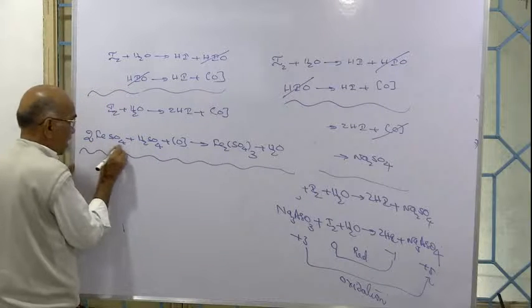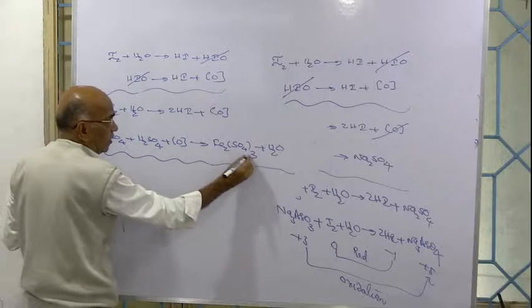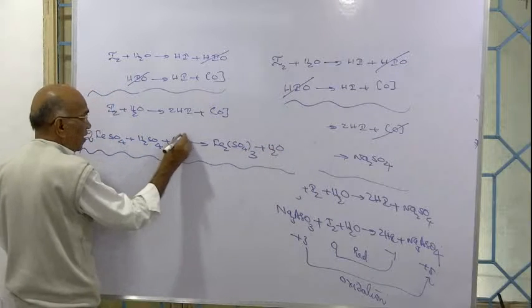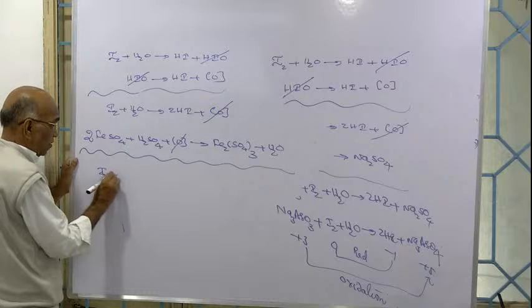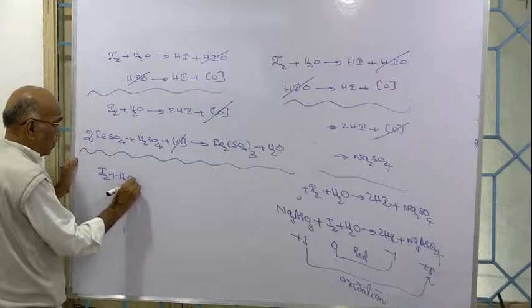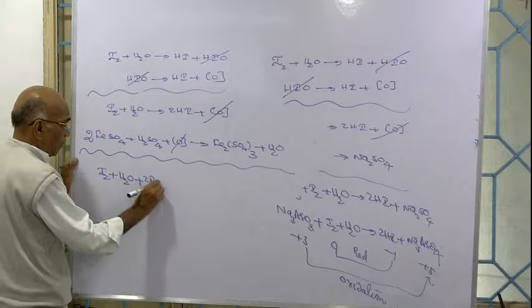13 oxygens: 8 plus 4 is 12, plus 1, 13. 3 fours are 12, plus 1, 13. Unbonded ones cancel. So I2 plus H2O plus 2 moles of ferrous sulfate.